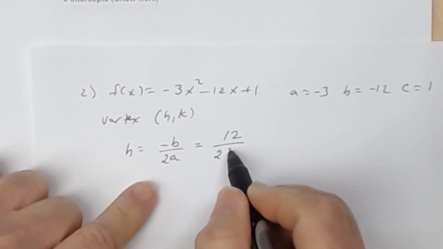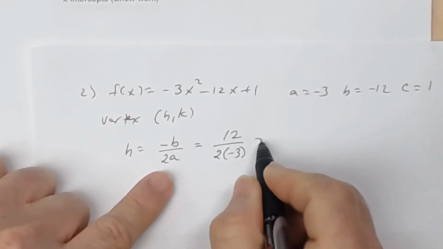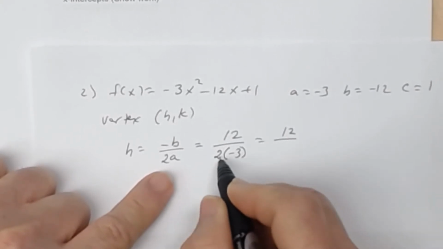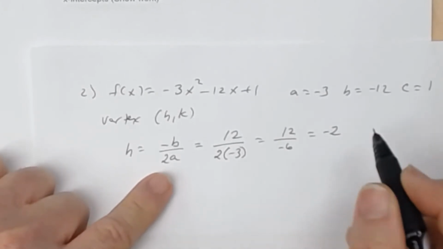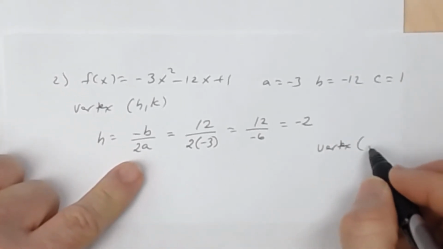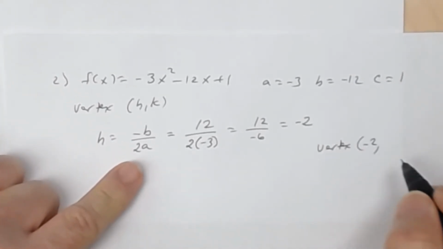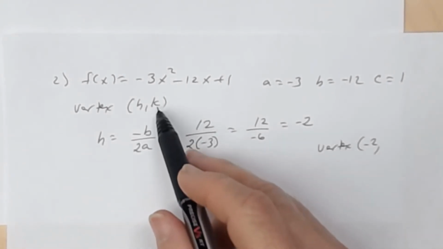And then 2 times A is negative 3. And so I get 12 divided by negative 6, which gives me a negative 2. So far, I know that in terms of the vertex, the x-coordinate is negative 2. Now, all I have to do is find the y-coordinate, which is k.